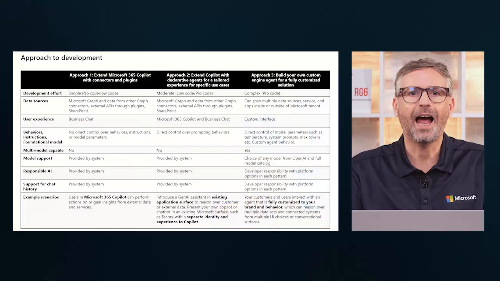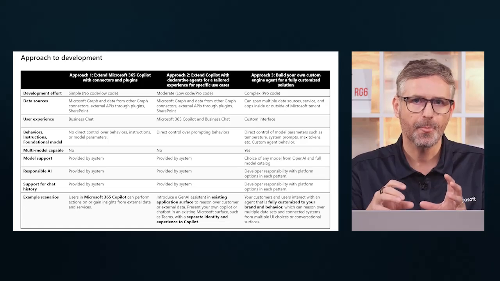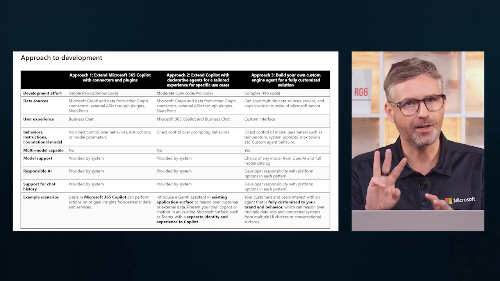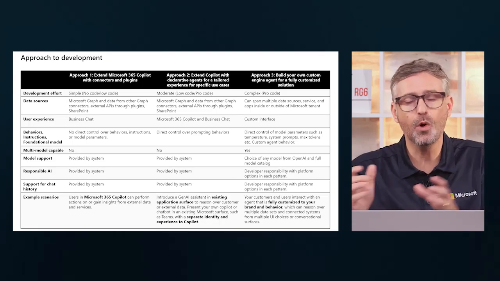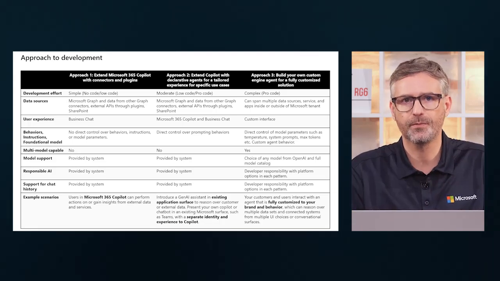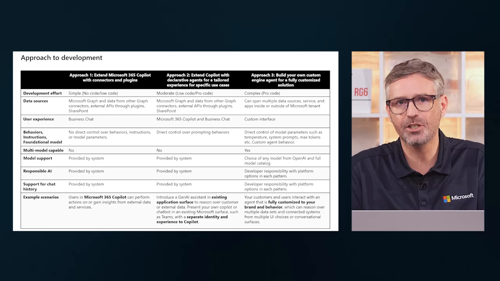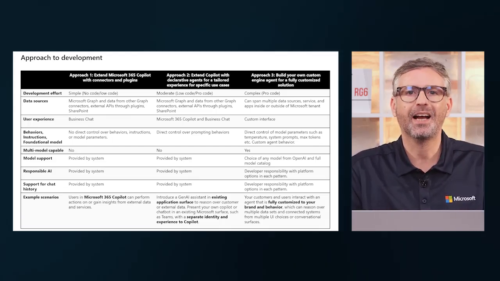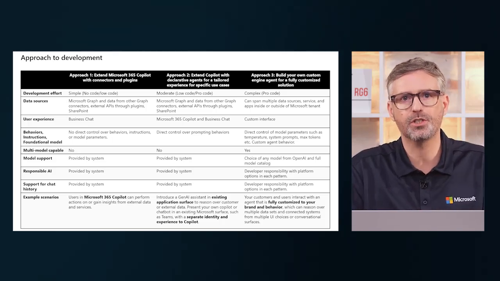Another way to decide the best option is to base it on your development capabilities. Here, we have three main options. The first approach is simple and it uses no-code or low-code solutions. It leverages Microsoft Graph, external APIs, and SharePoint to provide insights and actions within Microsoft 365 Copilot. Regarding declarative agents, we can use low-code or pro-code solutions.